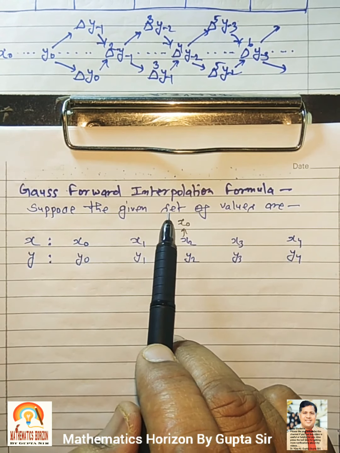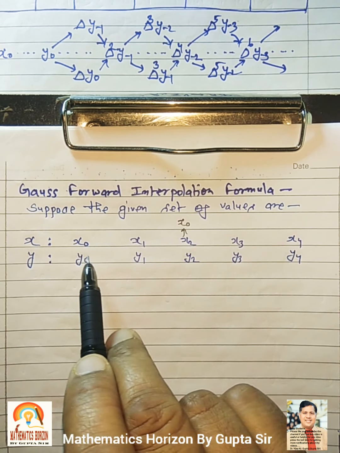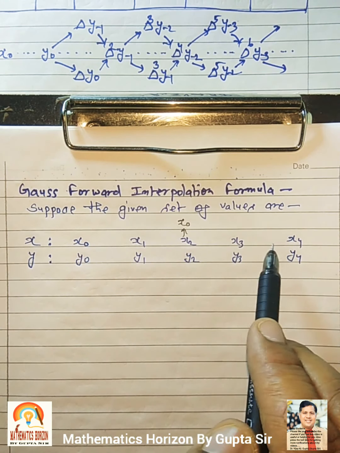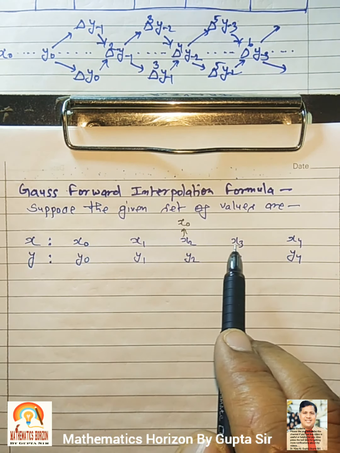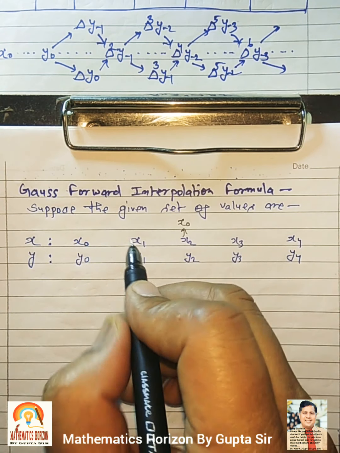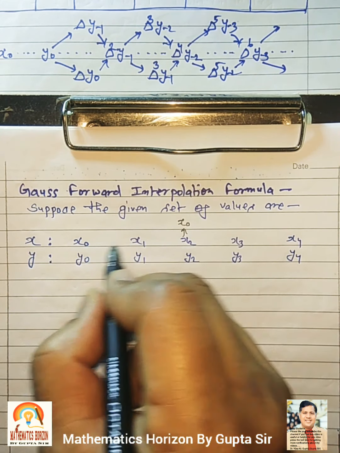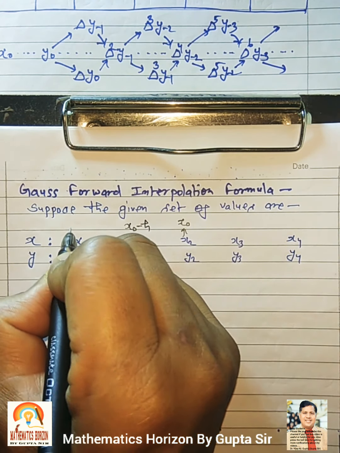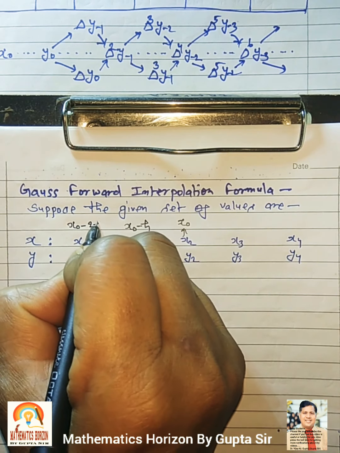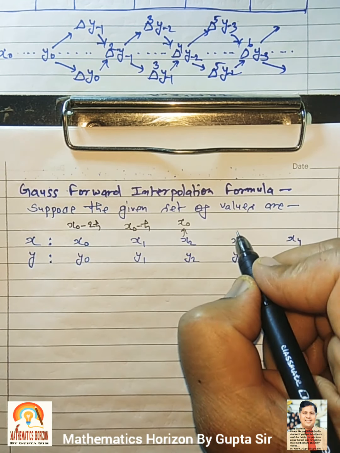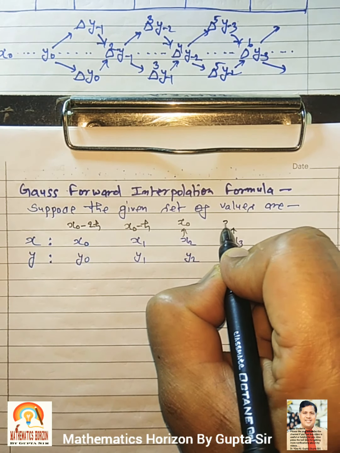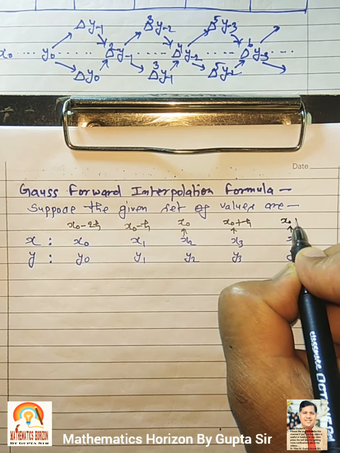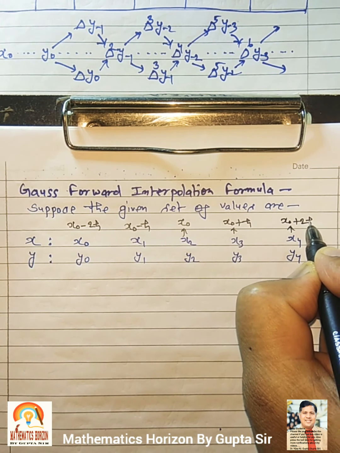And here we are using interpolation for equal intervals, meaning the difference between consecutive values of x is common. So h is the difference between these two, that is x0 minus h, and x0 minus 2h, and this is x0 plus h, and this is x0 plus 2h.